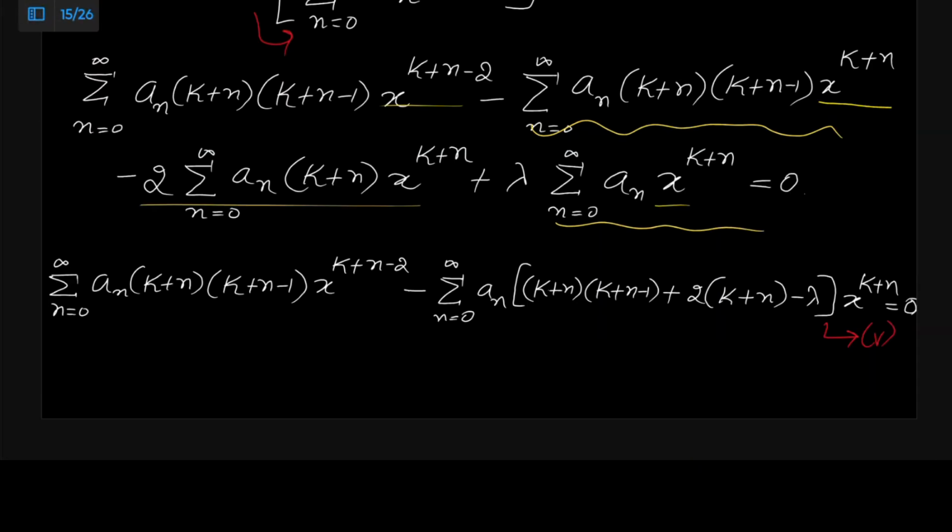Yes, it is 5. Now if this is my equation which has given me the coefficients with power x raised to k plus n minus 2 and with x raised to k plus n, so here if I am equating the coefficients of like powers of x to 0, what do I get?